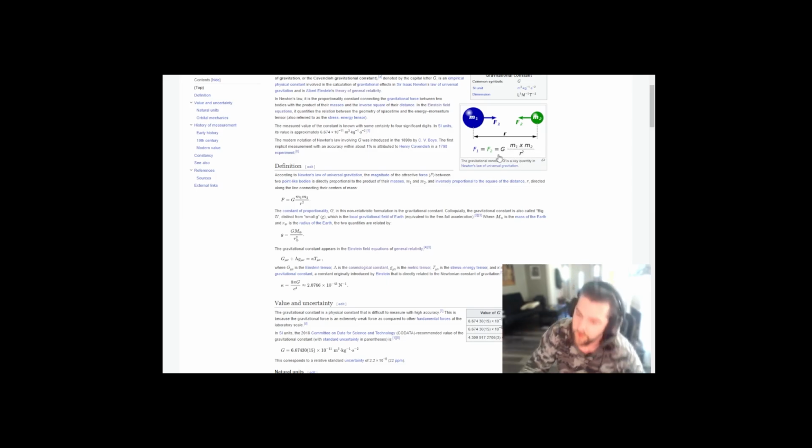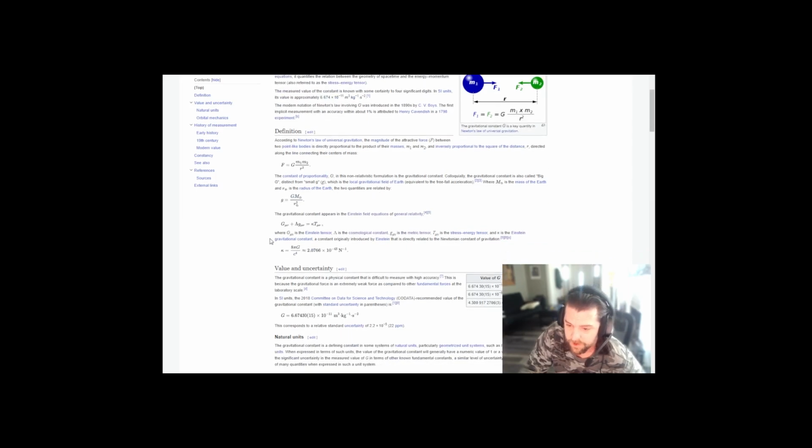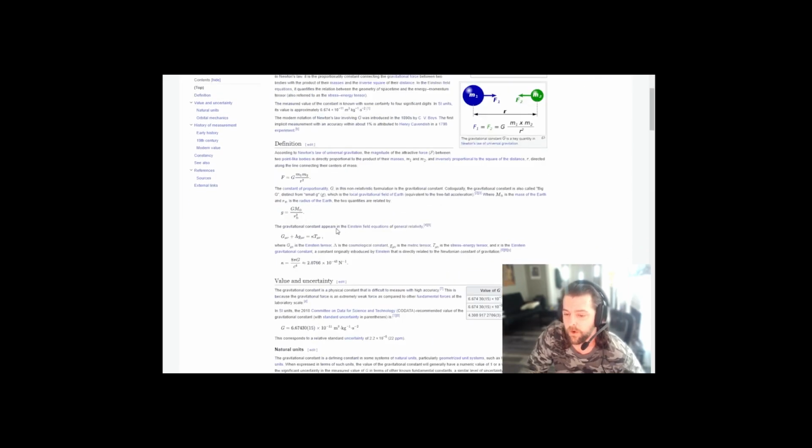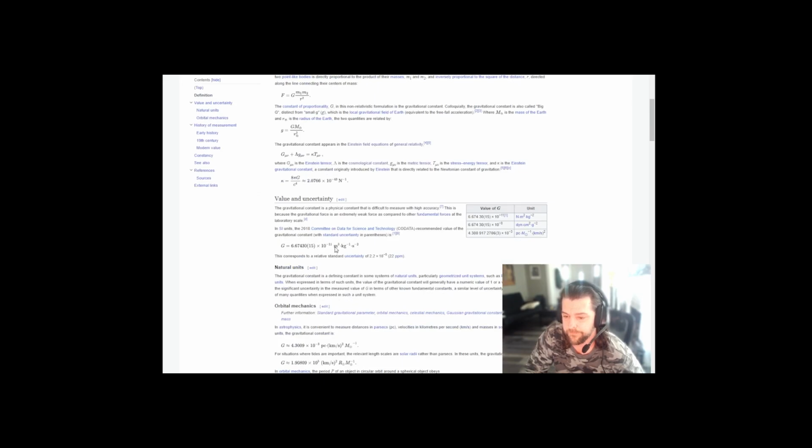Now, the gravitational constant's units are meter cubed divided by kilogram divided by second squared.